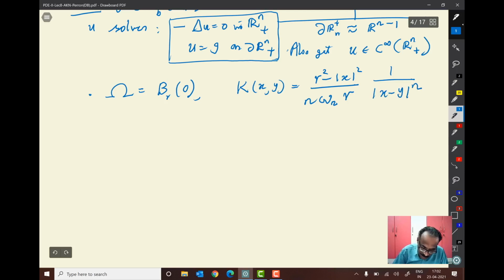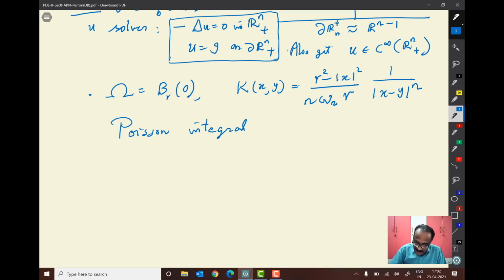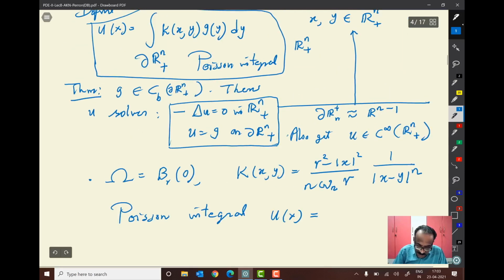You see, the kernel, and in this case the Poisson integral. We use this Poisson integral in Perron's method soon. In the next class you will use it, and then you define a similar thing of u(x).